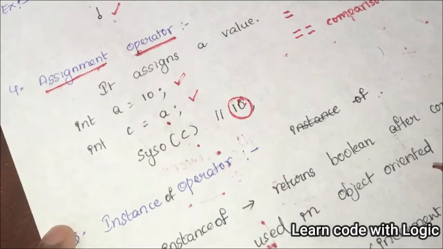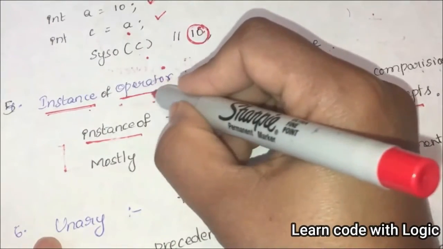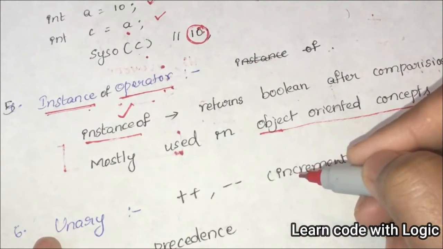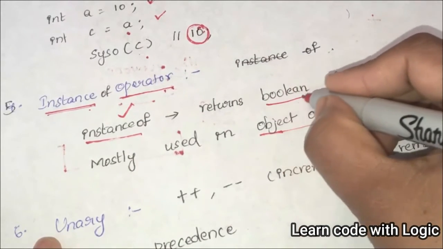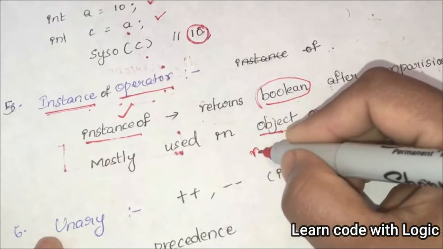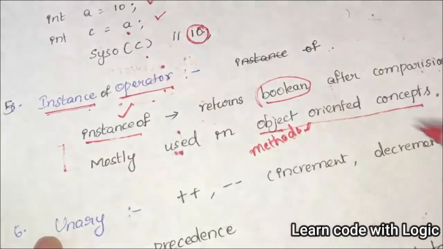This is the benefit of assignment operator. The next one in Java is instanceof operator. Instanceof is a keyword which we use in Java. It also does comparison and returns a boolean value. But this one is used once we start with methods and constructors concepts.